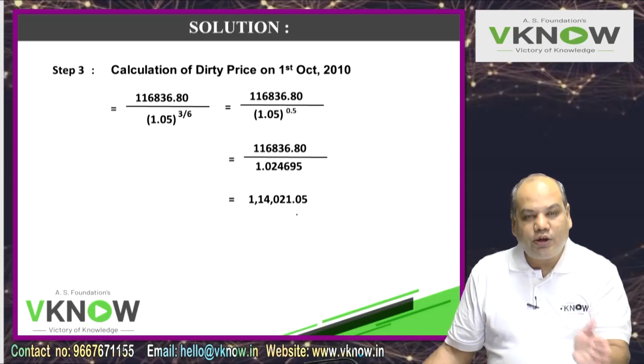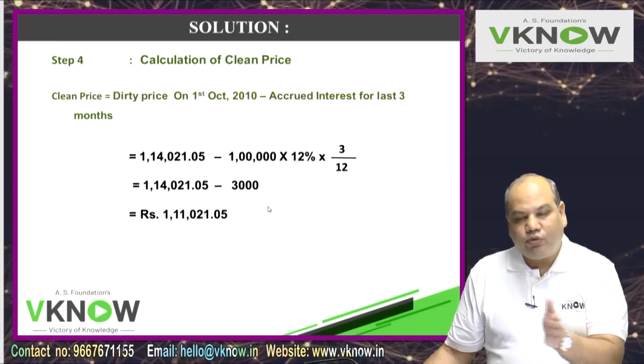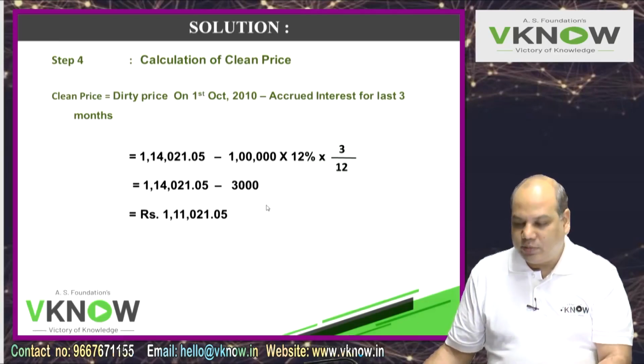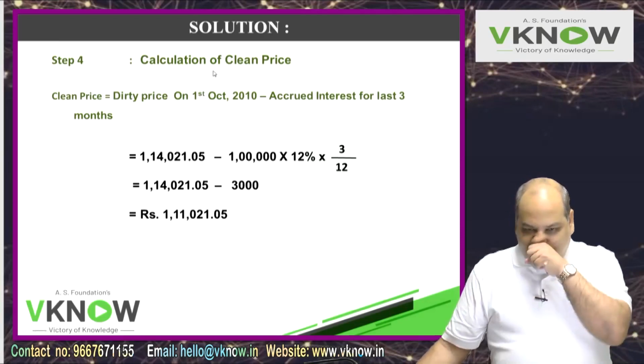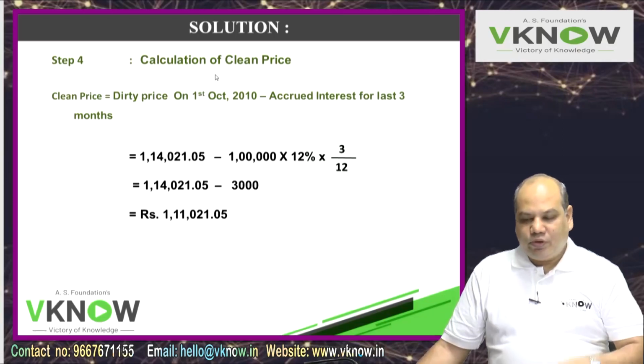This includes interest accrued for 3 months. So now my next step will be to remove the interest accrued for 3 months. Write down step number 4. Calculation of clean price.